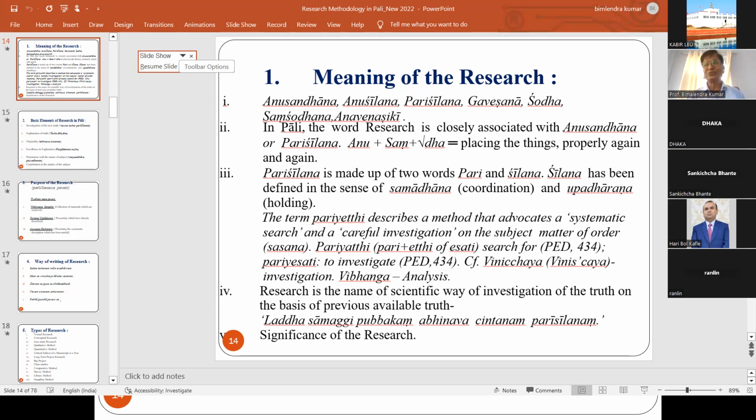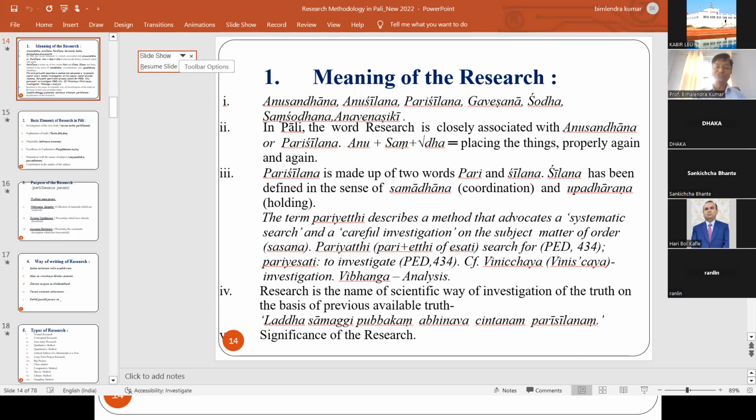There is another term which is related to our term research, that is Anuvanshiki. There is a dhatu or verb, ikshu, which means to see, to visualize things in a proper manner. So here Anuvanshiki is made up of the ik dhatu, which means to have vision or to visualize things as they really are.